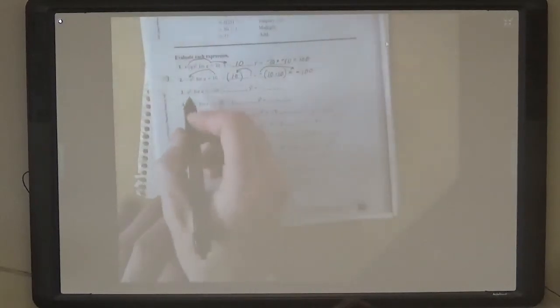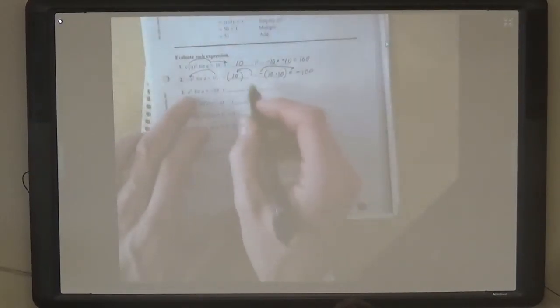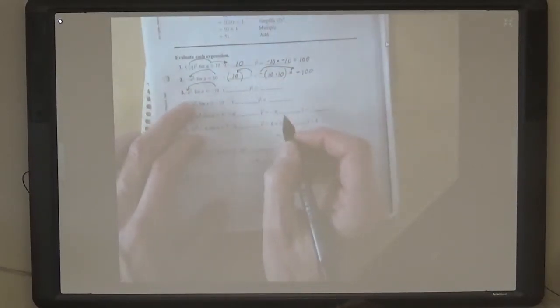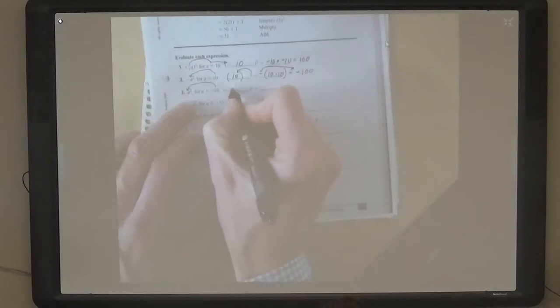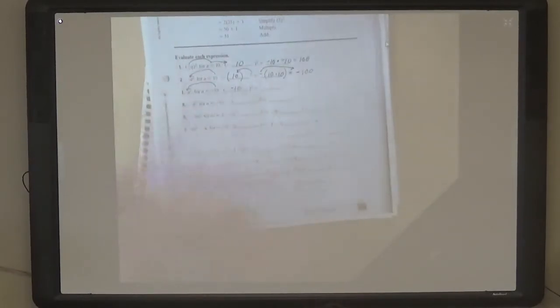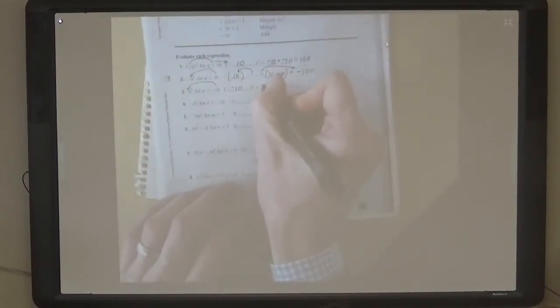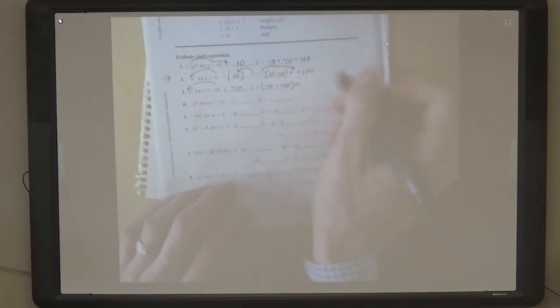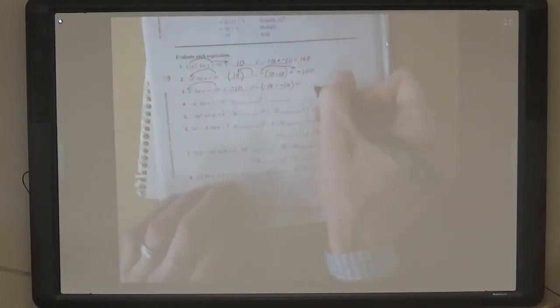Let's see if we can see the pattern here on this one. When you put the negative 10 in for A, here the parentheses are already there, and where would the negative sign be? Inside or outside the parentheses? Inside. So this time it's negative 10 times negative 10 again. What does that equal? Positive 100. Can you do the same thing over and over again?